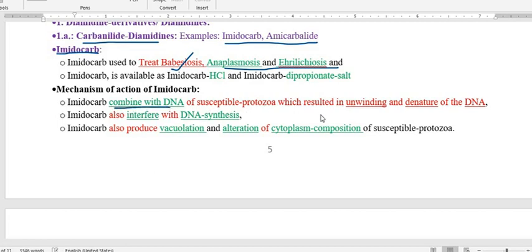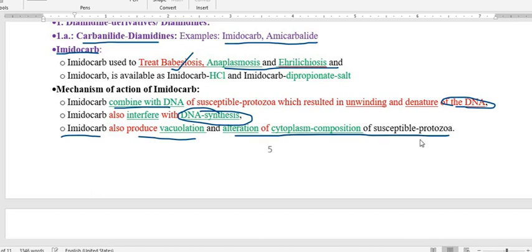Regarding its mechanism of action, similar to the aromatic diamidines, it combines with the DNA of the susceptible protozoa and therefore interferes with the DNA synthesis process.